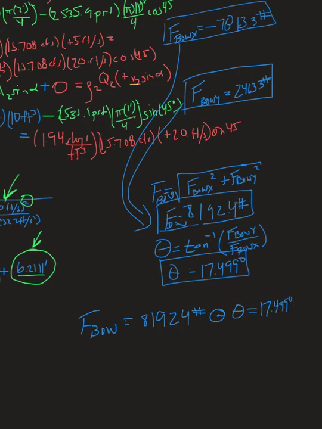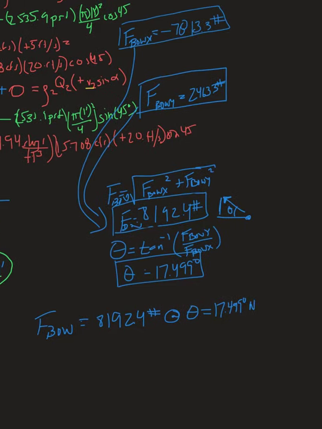The x direction is negative, the y direction is positive. So the bend is pushing on the water in that direction, as we kind of imagined. So here's our theta: 17.499 north of east.